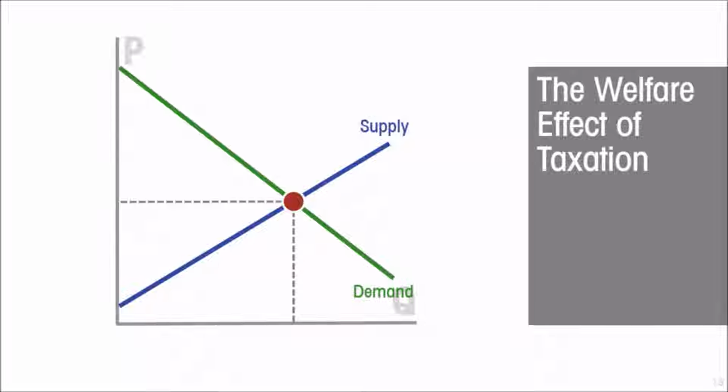We know that in a market, consumer surplus is the area above price and below the demand curve, and producer surplus is the area below price and above the supply curve.